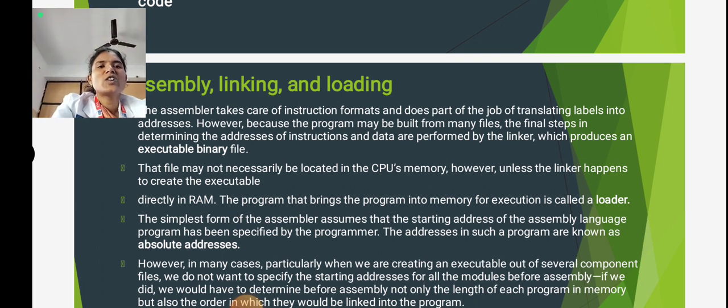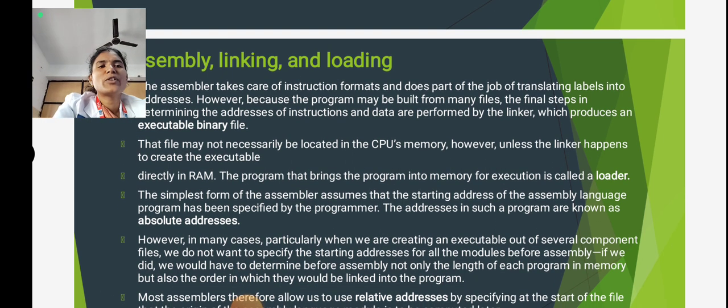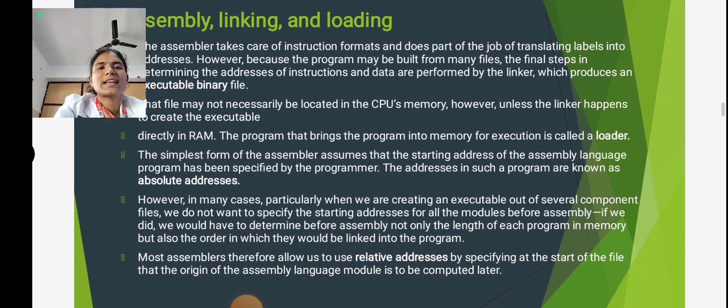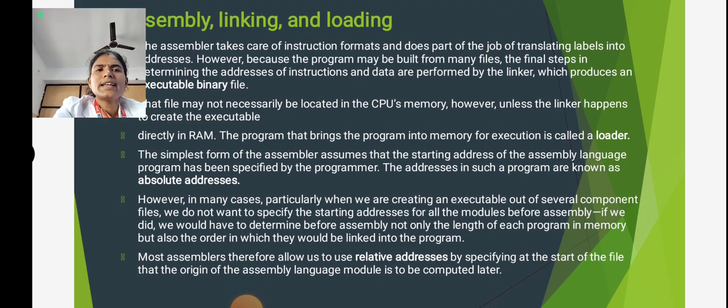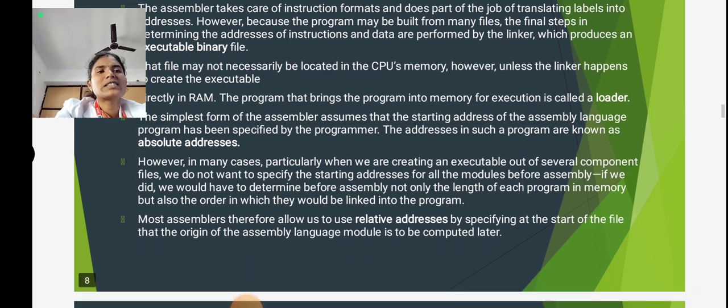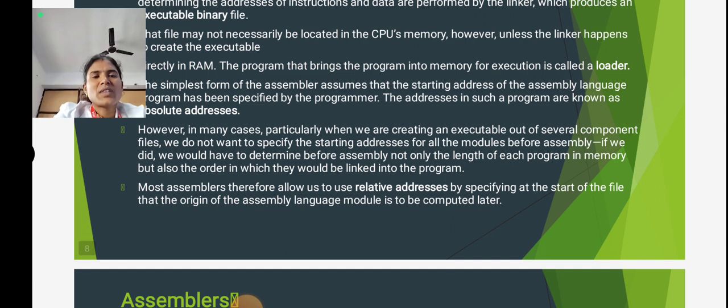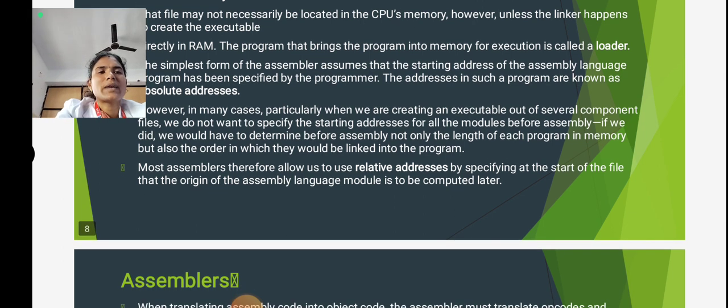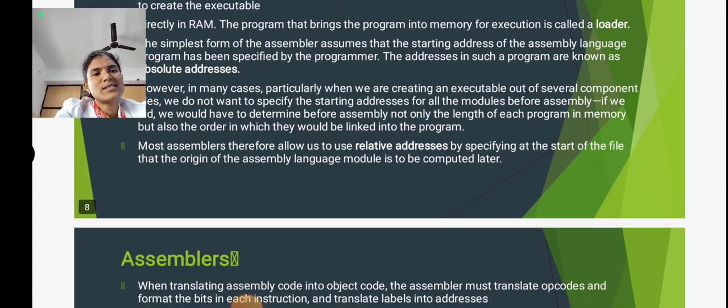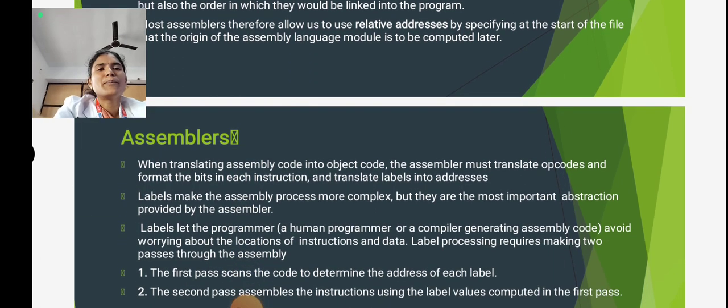That file may not necessarily be located in the CPU memory, however, unless the linker happens to create the executable directly in RAM. The program that brings the program into memory for execution is called the loader. Most assemblers therefore allow us to use relative addresses by specifying at the start of the file that the origin of the assembly language module is to be computed later.